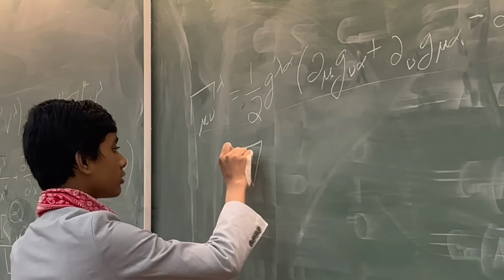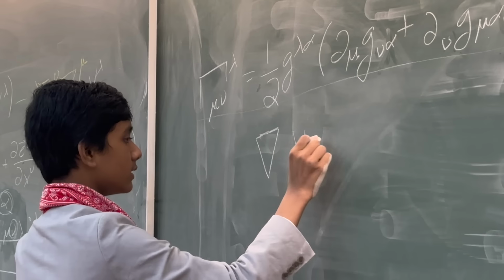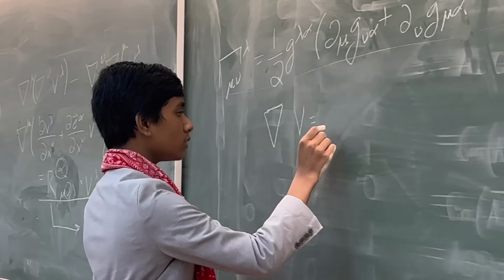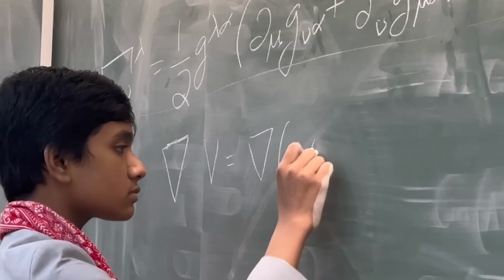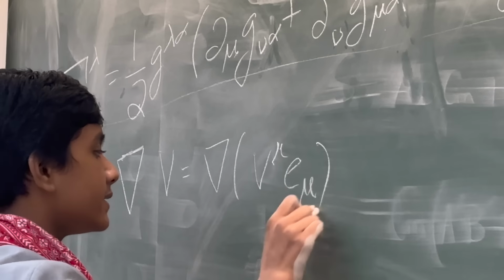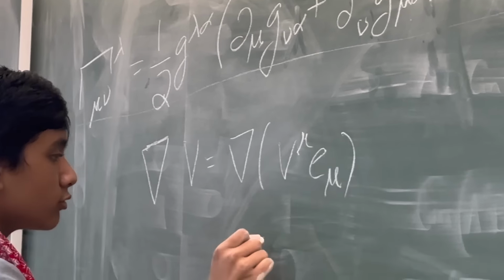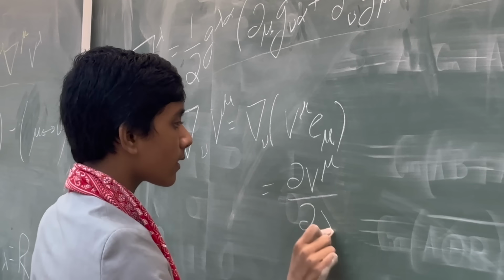So, essentially, what he's saying is, what we derived was that this is, by the product rule, going to be equal to the derivative of this, which is equal to this. Oh, wait, sorry.